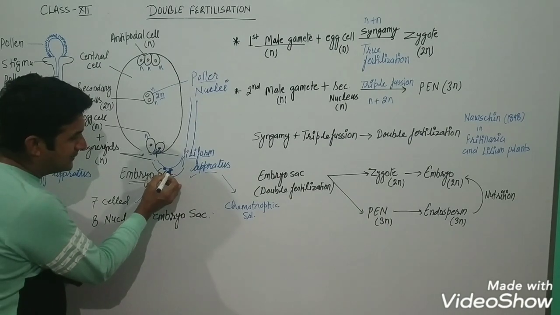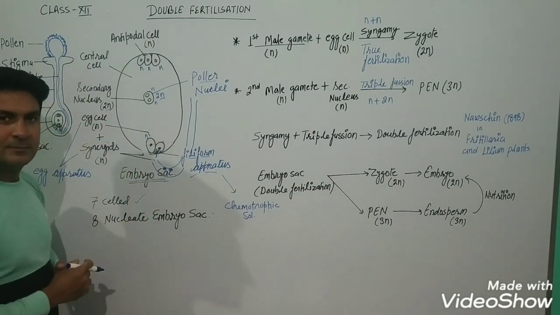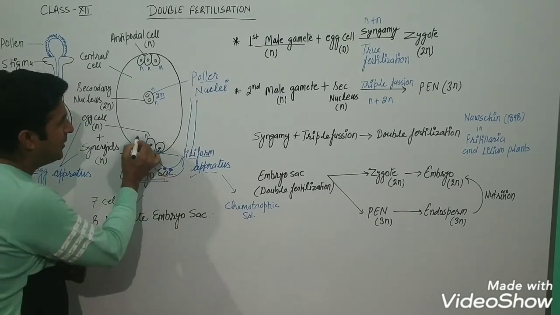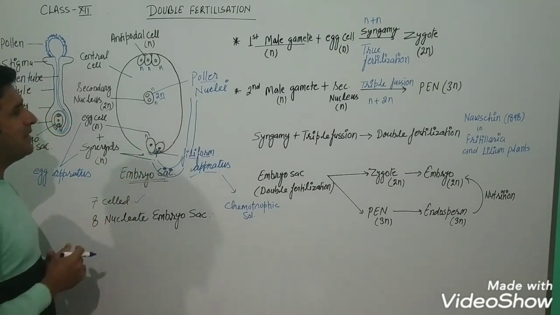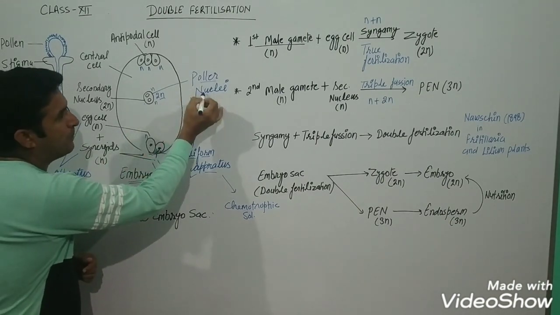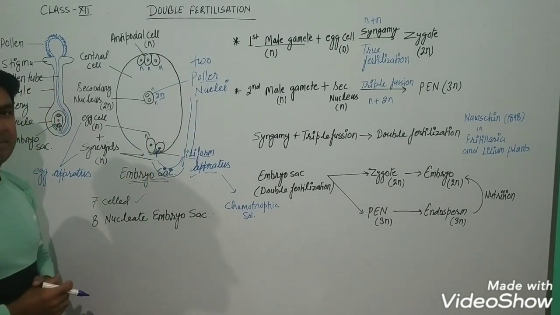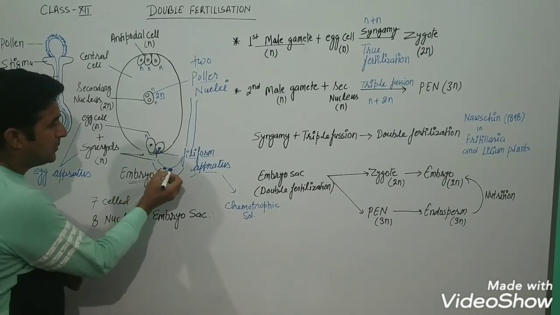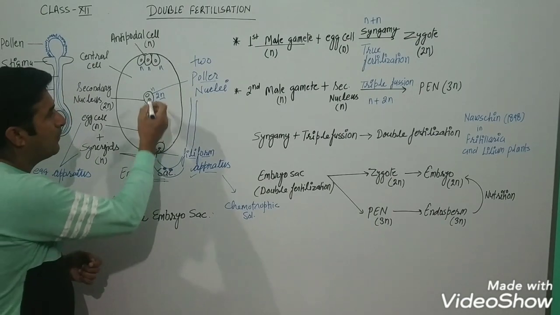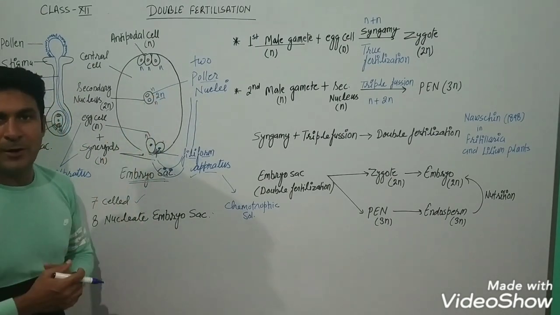On the other hand, the second male gamete gets entry after the first male gamete, and that second male gamete will meet with the secondary nucleus. The secondary nucleus has two polar nuclei. The male gamete is haploid, the polar nuclei are haploid, the egg cell is haploid.